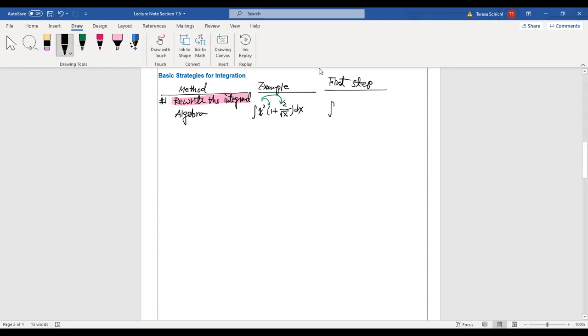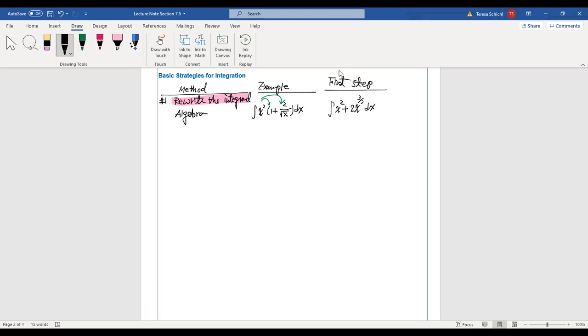If you rewrite this, you get x squared plus 2 times x squared times x to the negative 1/2, so this is x to the 3/2, dx.